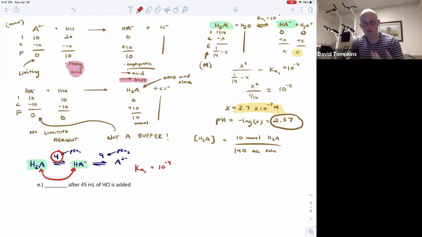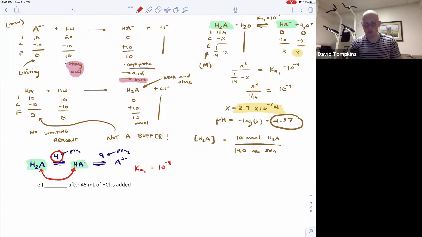Okay, the HA minus could dissociate, but its pKa is 5 units higher, so it's very unlikely for that to affect the pH. Okay, so if you have two acids present, like H2A and HA minus, you use the lower pKa.